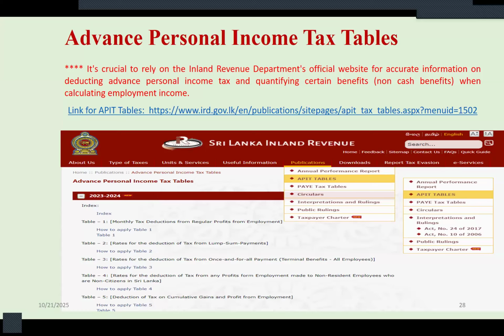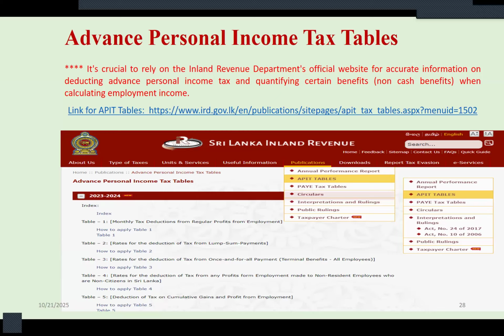But for an employer, for an accountant, when that accountant is making employment income payments to employees, at that time they have to deduct it. So it is not an easy task. That is why we have prepared these EPIT tables. We have already prepared these EPIT tables and they are available on the website. Any employer can use this. Using these tables, he can deduct tax liability.